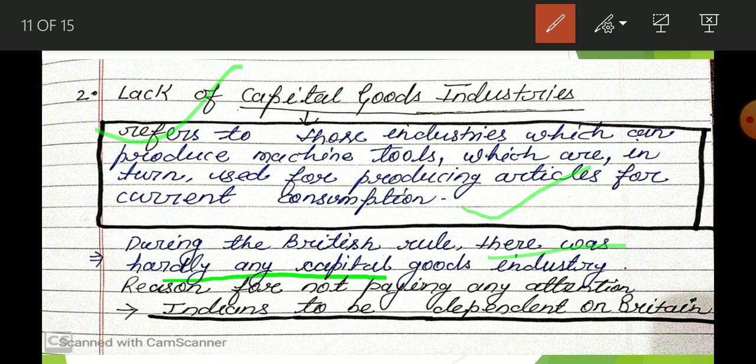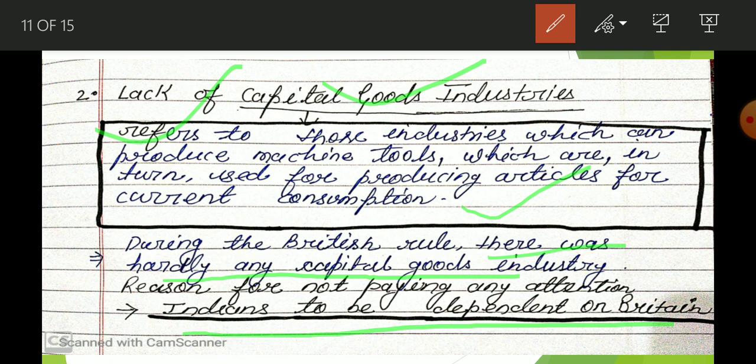Now, when we talk about the British period, during British rule there was hardly any capital goods industry. Why didn't they want to establish capital industry here? Because they wanted Indians to be dependent on Britain, for finished goods and for capital goods also.